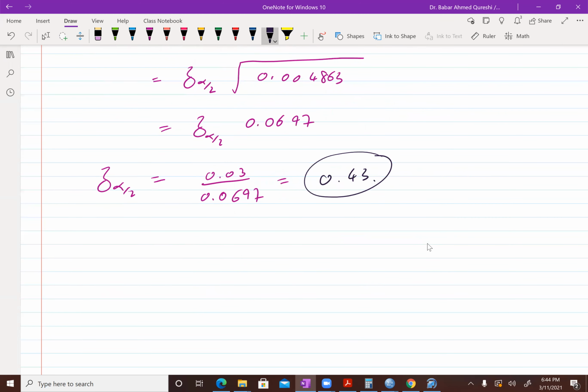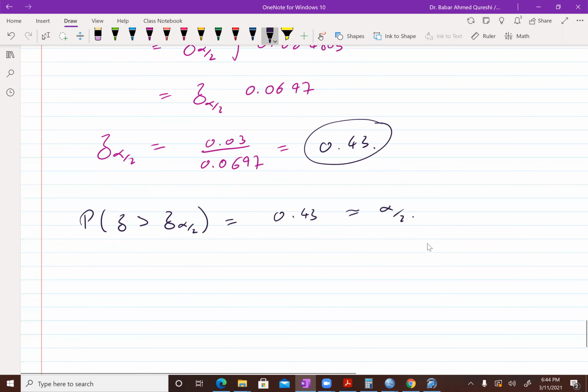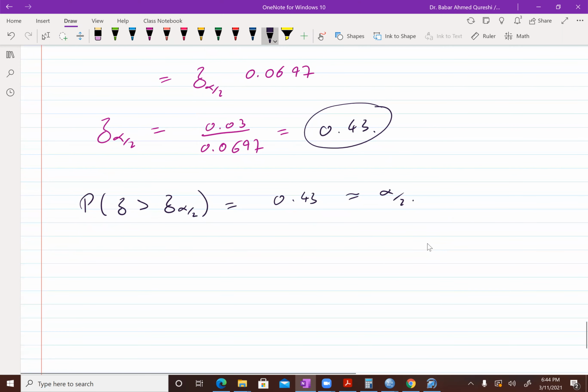So what is this critical value? It is saying that the probability of Z being more than this critical value is equal to, not 0.43, is equal to alpha by 2.